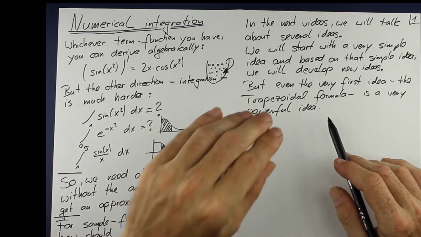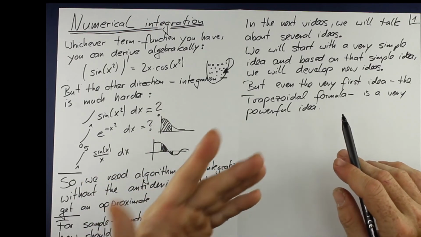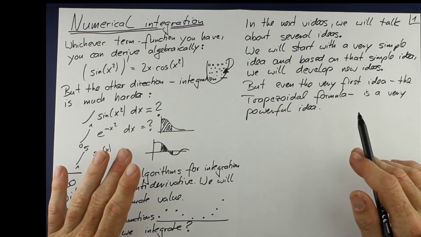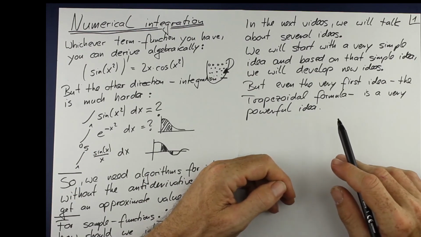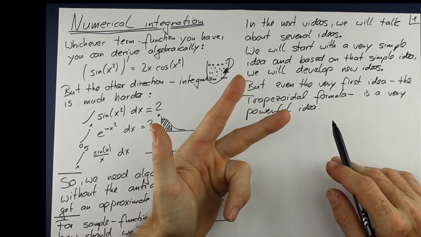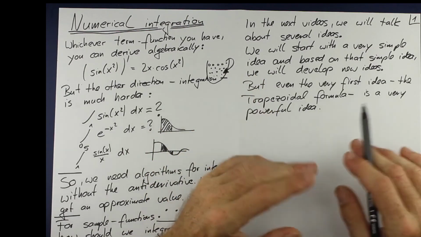It starts with an idea which you can apply, and this is a good solution if you are interested in integral values. So we will do trapezoidal rule, Simpson, Newton-Cotes, Gaussian quadrature, Romberg, and maybe I forgot one.